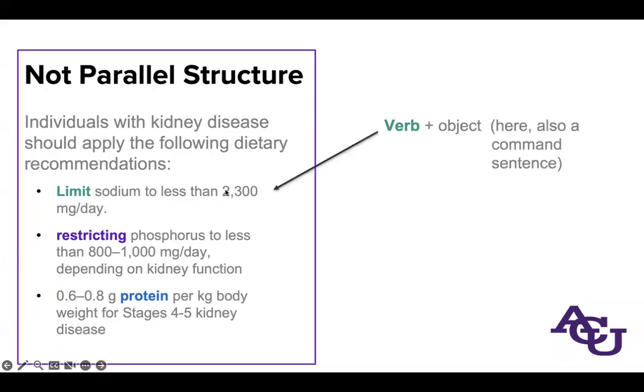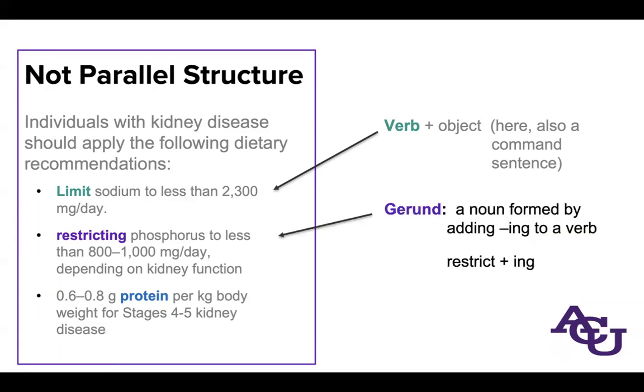So the first item here, limit sodium, is a verb plus an object. We can also consider this to be a command sentence. For instance, what should you do? Limit sodium to less than 2,300 milligrams per day. The second item is that gerund idea that we talked about a little while ago. So restricting. A gerund is a noun formed by adding ing to a verb.